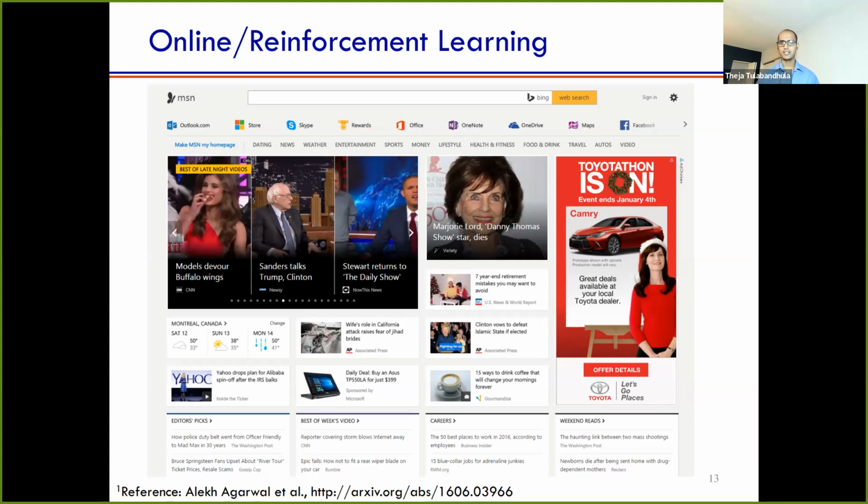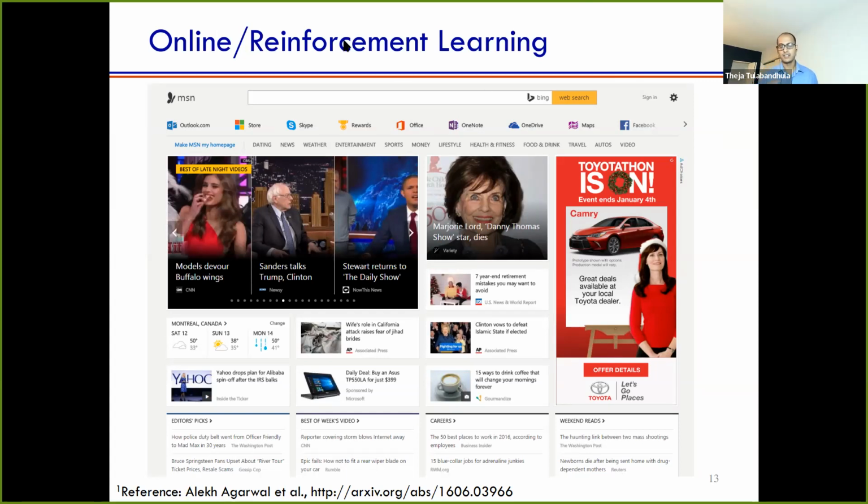There are business metrics here, and the learning component is that you don't know a priori the right articles to show to which people, and you don't have pre-created batch data. Maybe you can even have batch data, but the problem is you don't know what you didn't try. That's the problem being solved using online reinforcement learning.